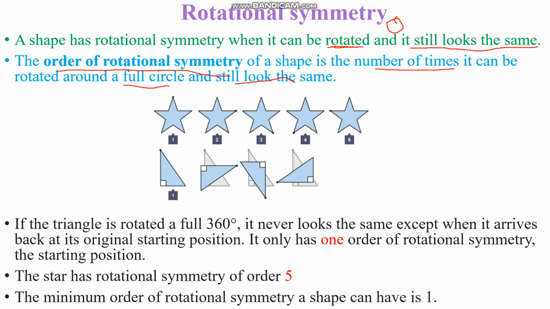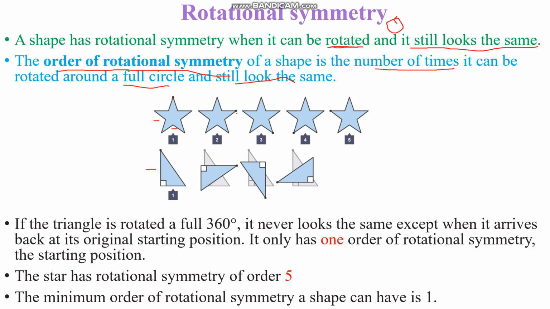So here we have a diagram representing 2 different kinds of shapes. This is a star and this is a triangle. Firstly, we rotate the star. You need to take note of this mark here. It's our reference mark. Firstly, the shape is standing like this, on one. And then when we rotate it, note that this mark is here.